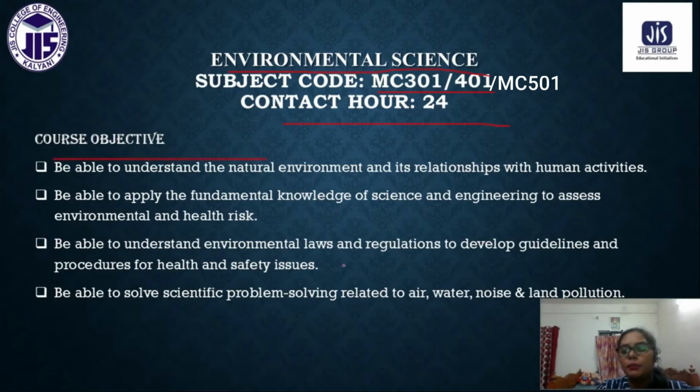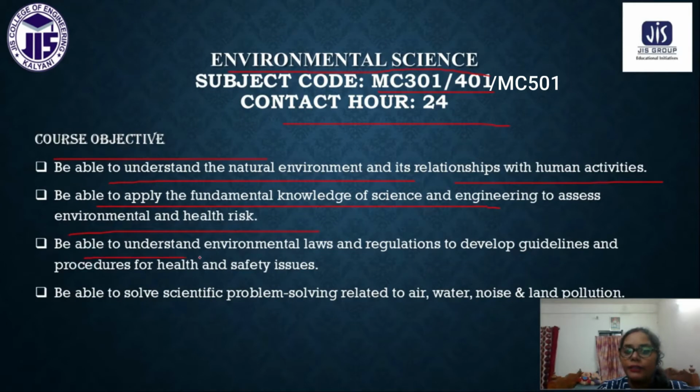These are some of the course objectives. You can understand the natural environment and its relationship with human activities. You will be able to apply the fundamental knowledge of science and engineering to assess environmental and health risk.